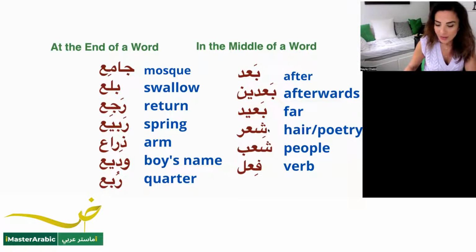Next one is hair. Oh, actually, it could be hair or it could be poetry. Poetry is شعر.